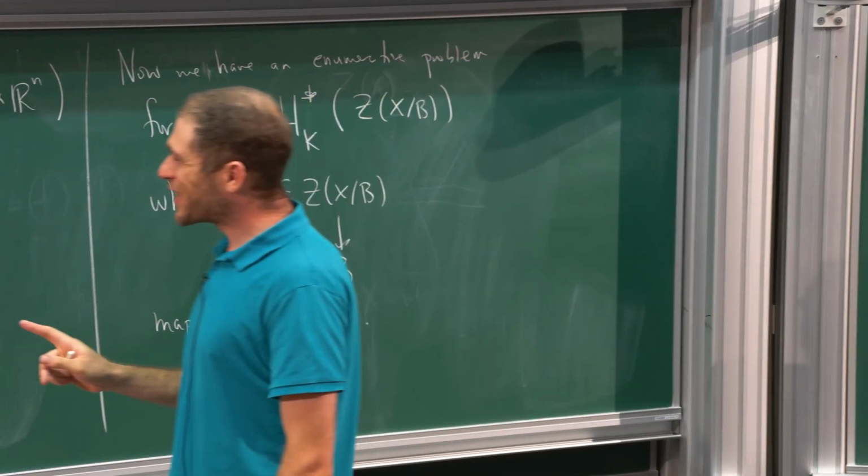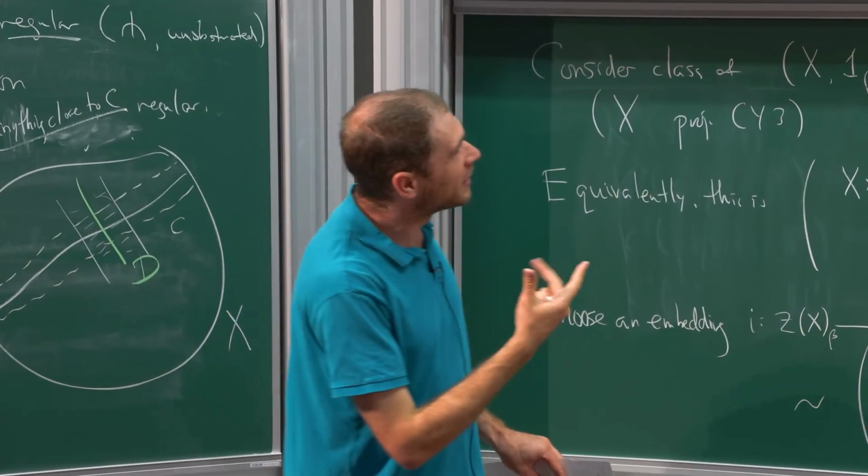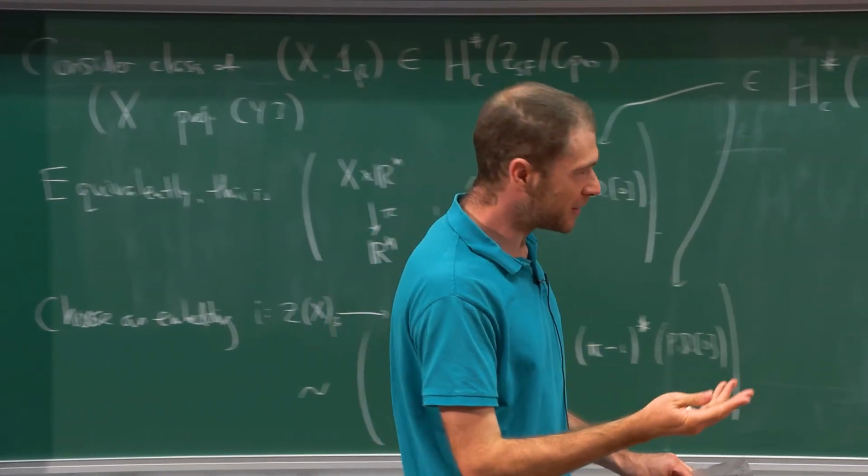So there's a tricky lemma, which, if there's anything wrong with this proof, it's in the proof of this lemma.